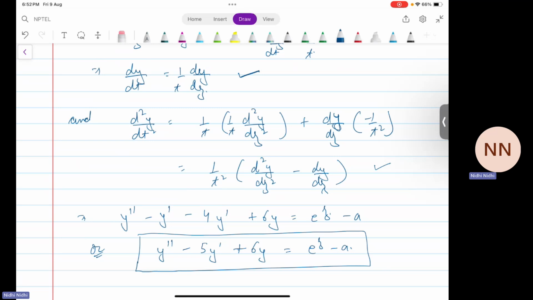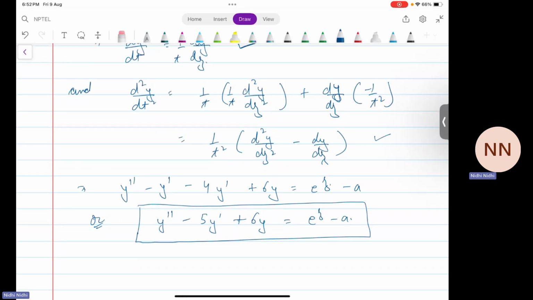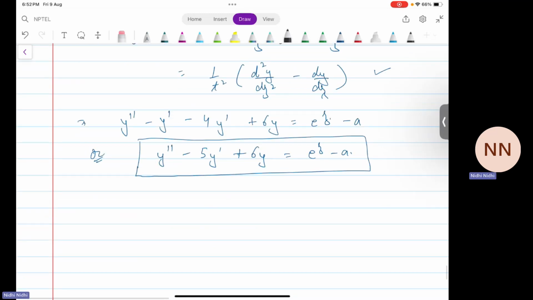Non-homogeneous equation, we'll find the complementary function and the particular solution, and the general solution will be given by the complementary function plus the particular solution. So for the complementary function, let's start with the auxiliary equation, number 3.